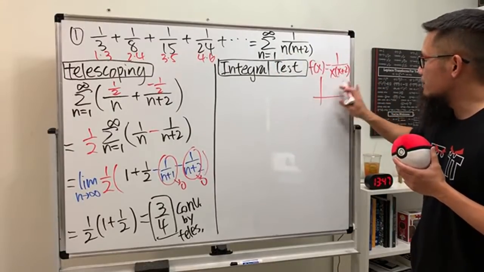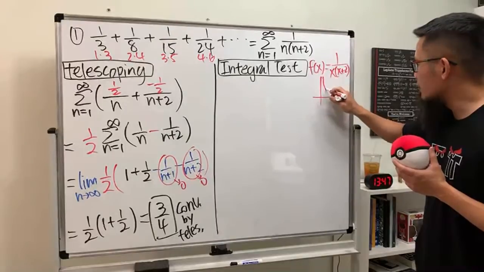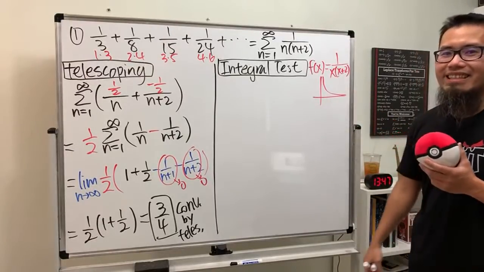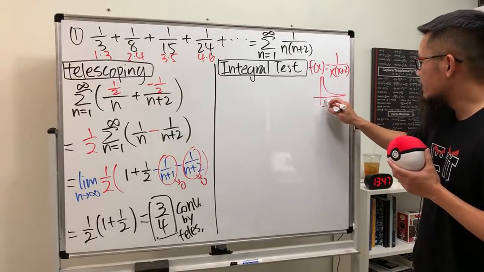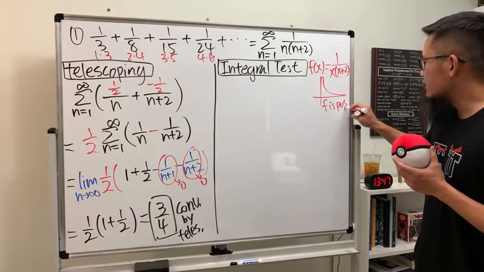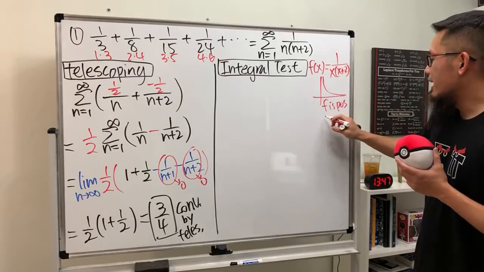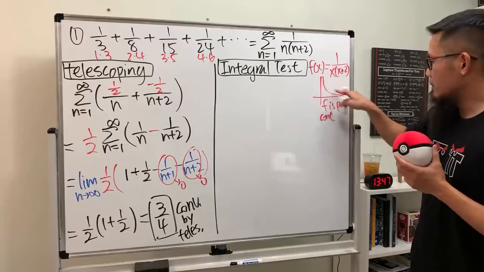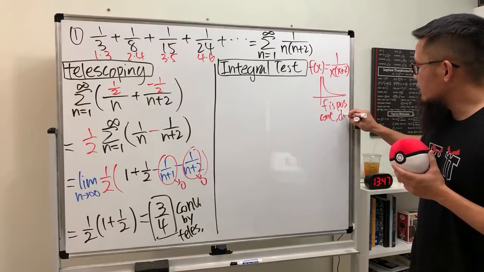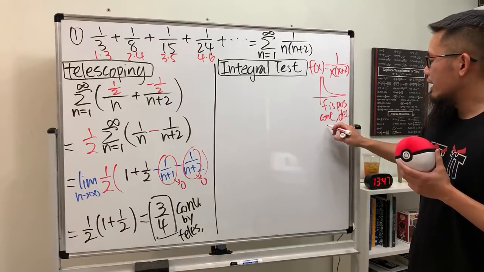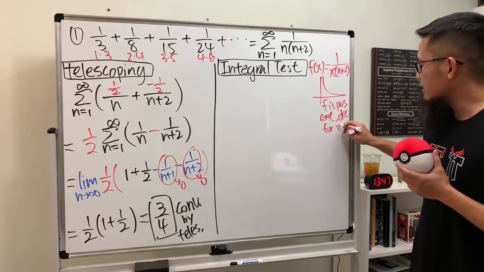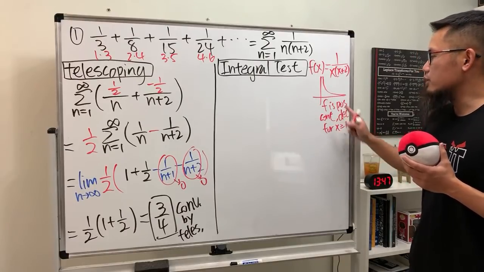So if you look at this part, you will see the function will look like this. And just go ahead and mention that f is positive because it's above the x-axis, and it's also continuous, and also decreasing, right? And you should mention that this is true for x greater than or equal to 1.